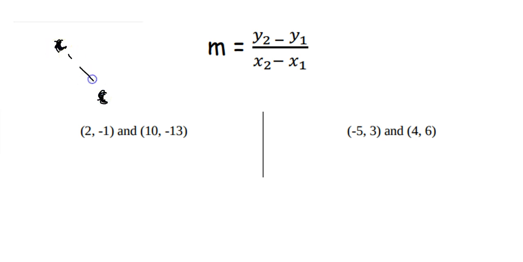I have these 2 points. I'm trying to find what the slope of this line would look like. So I'm trying to find the rise over run without having to count anything, and I can do that by using this formula here.